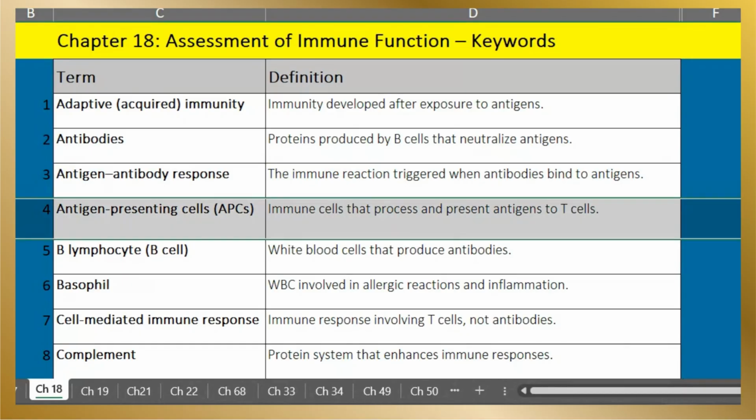And the next, antigen-presenting cells, the immune cells that process and present antigens to T cells. If you note my little pictures, dendritic cells present antigens to helper T cells.